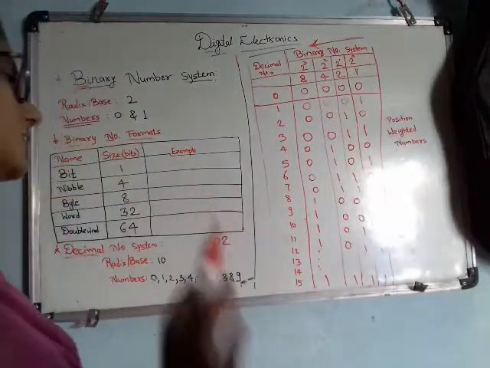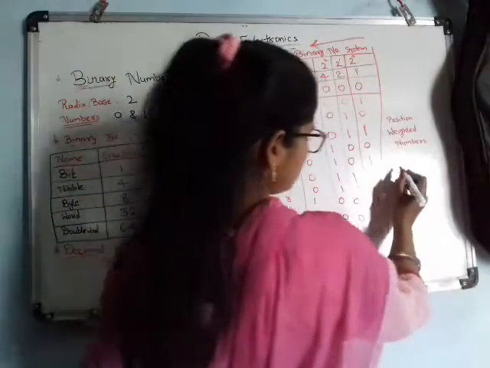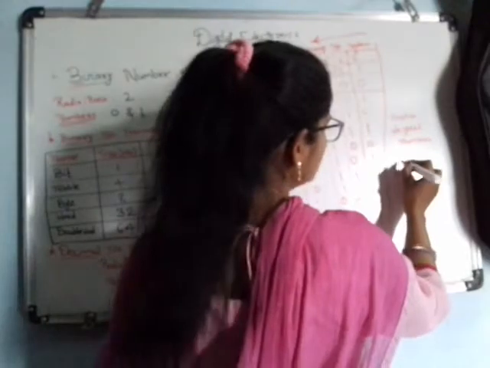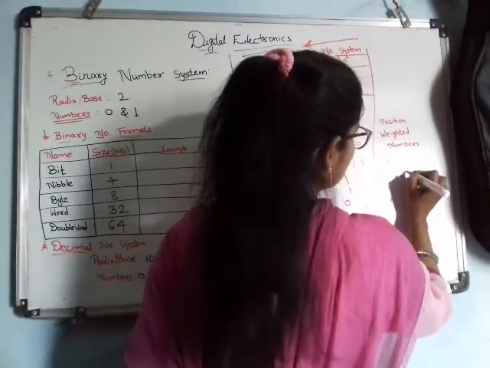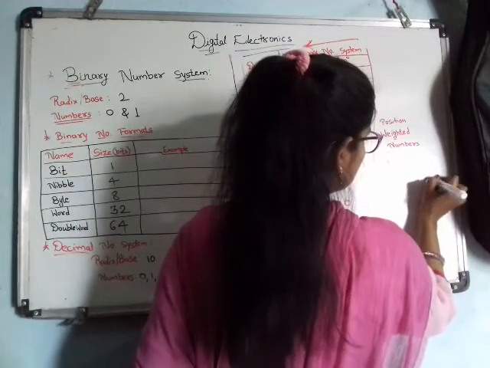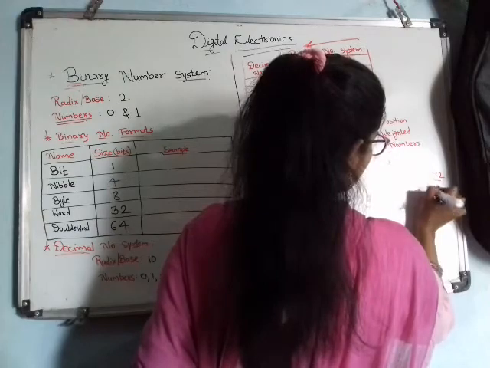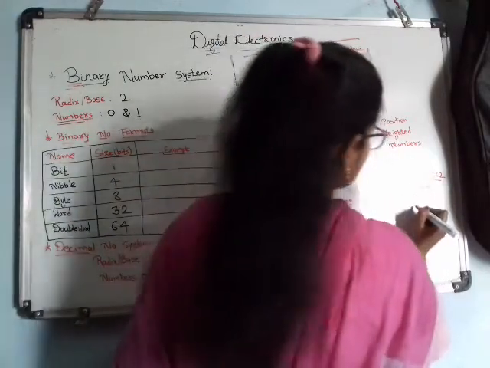Suppose you want to write 16. 2 raised to 4 is equal to 2 into 2 into 2 into 2, that is 4 into 4, and 4 fours are 16.